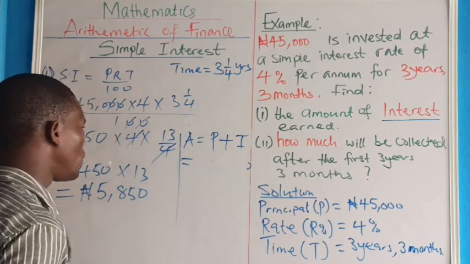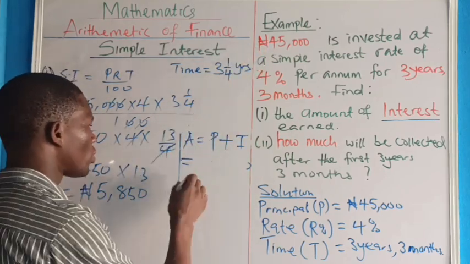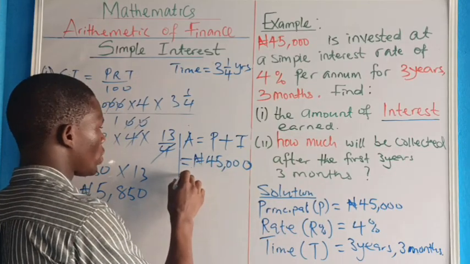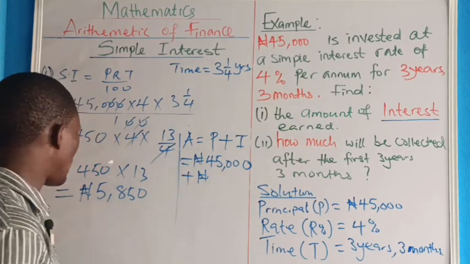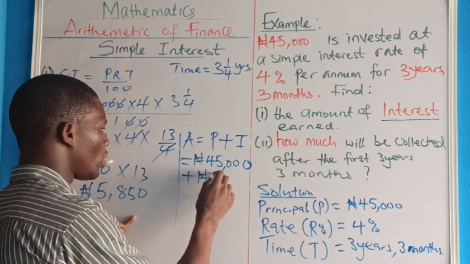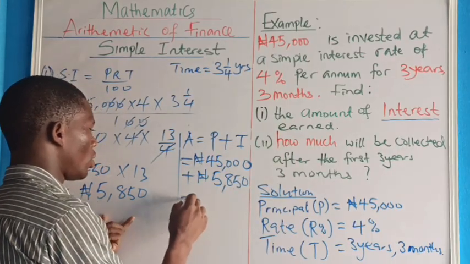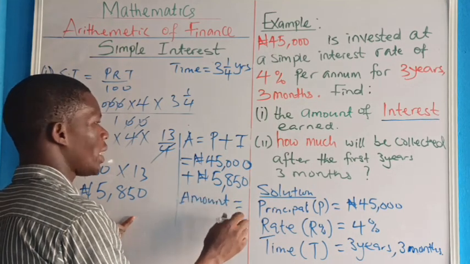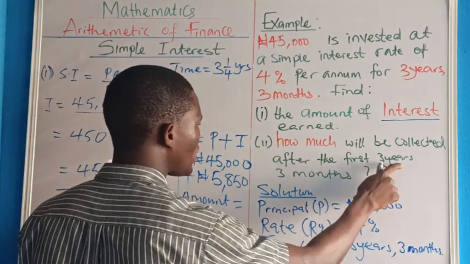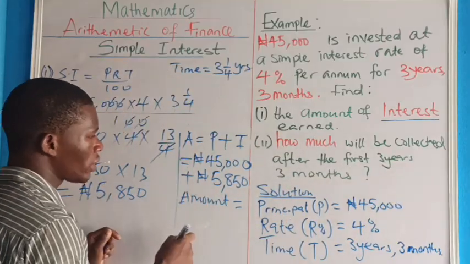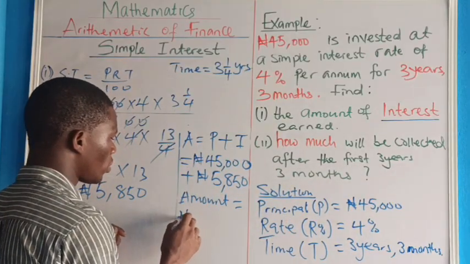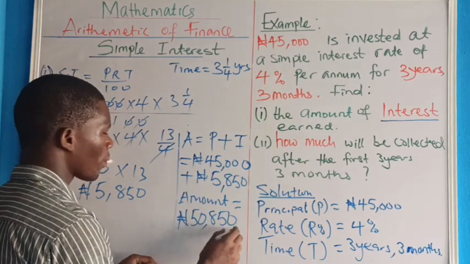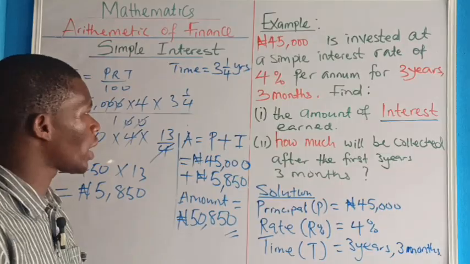So the amount here will be the principal, 45,000 naira, plus the interest we just calculated, 5,850 naira. The amount after the 3 years, 3 months, adding these, is 50,850 naira. So we've answered this question, and this is how we go about it.